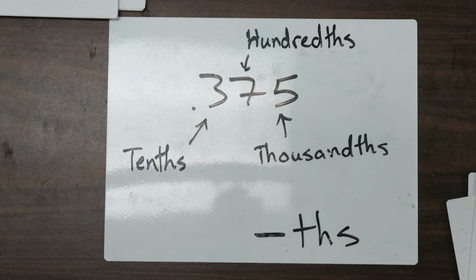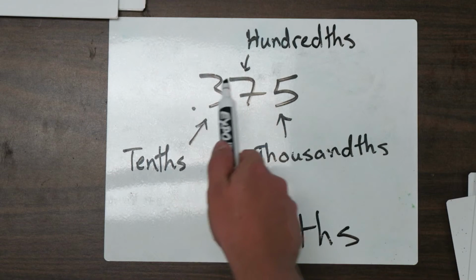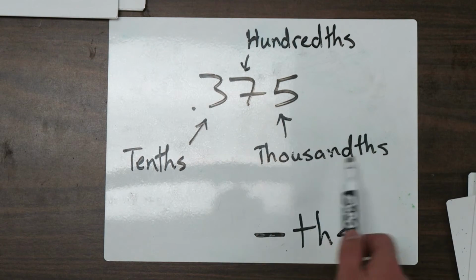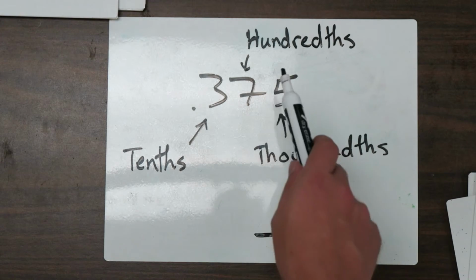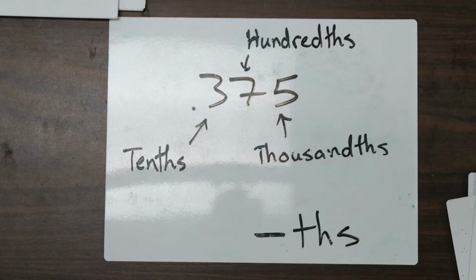0.375. This answer can be read as 0.375 or 375 thousandths. I could round it to 37 hundredths or 3/10 or 4/10.